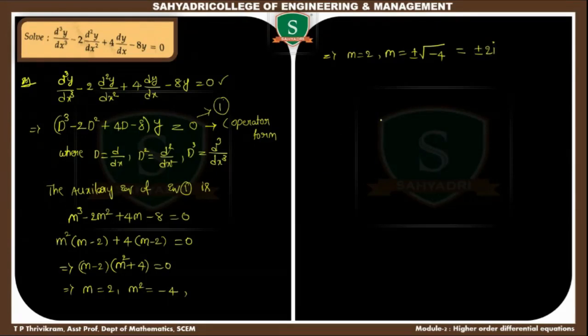So in total we got 3 roots: one is a real root and the other two are a complex pair.